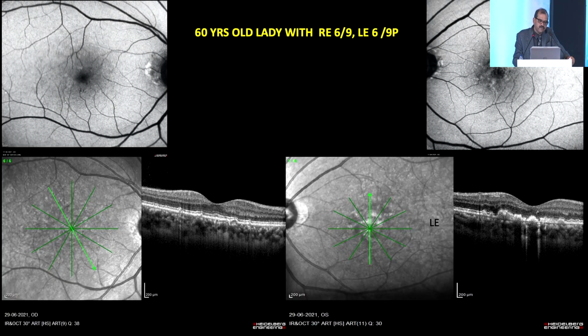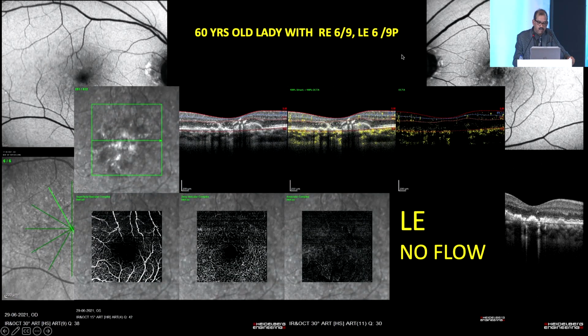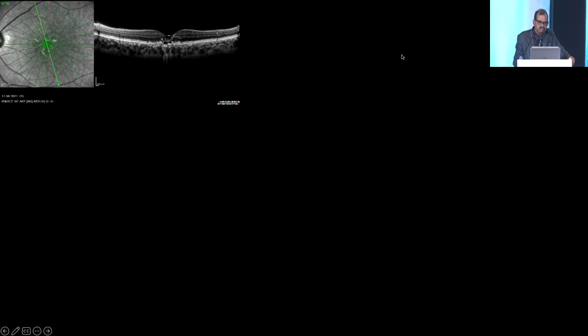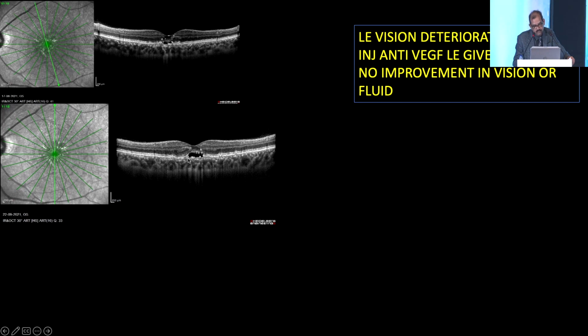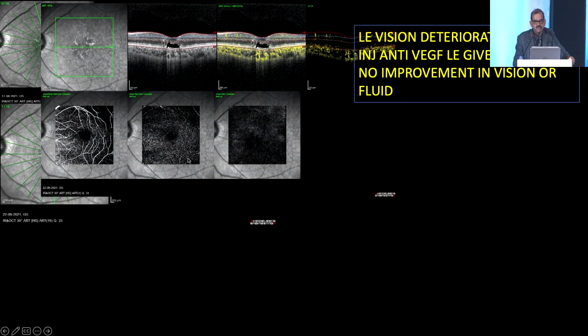This is an interesting patient, a 60-year-old lady. She had 6/9 vision in the left eye. On OCT angiography, there was no flow. It was found that a hyporeflective space was developing in the fovea, but there was no flow. The vision was deteriorating, and the hyporeflective space was increasing with subsequent visits.